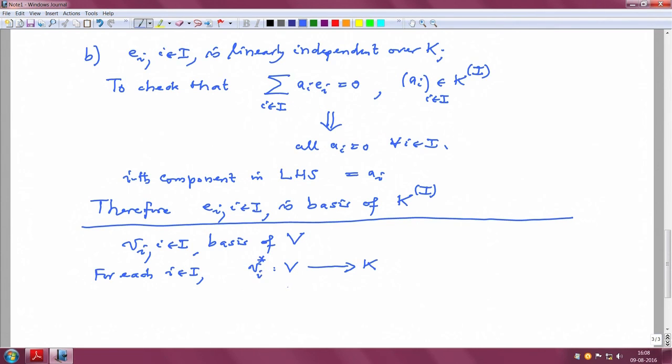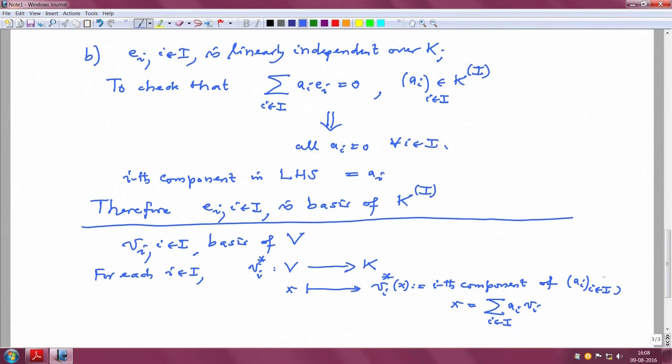Any vector x goes to v_i star of x, which is by definition the ith component of the tuple (a_i), where the tuple is uniquely determined by the equation x equals the sum of a_i v_i, i in I. This tuple is in k power (I).